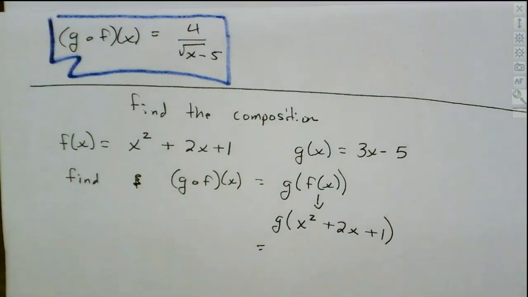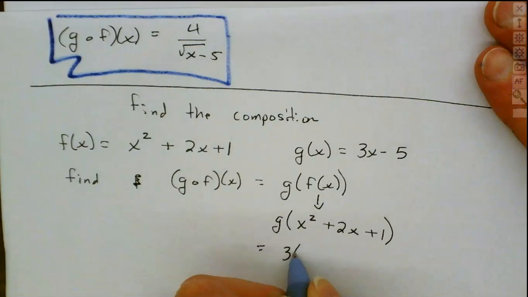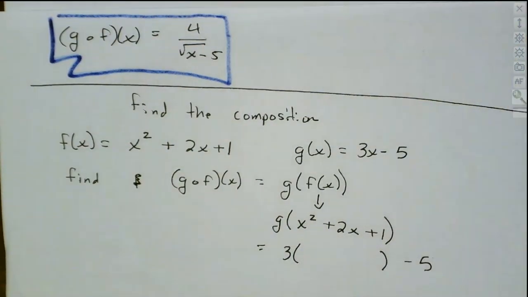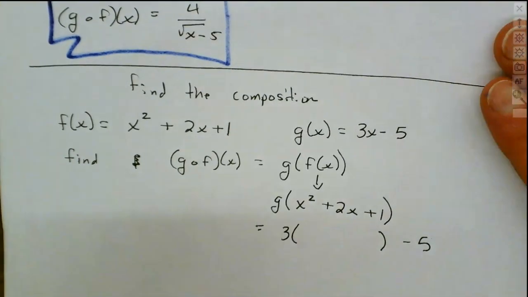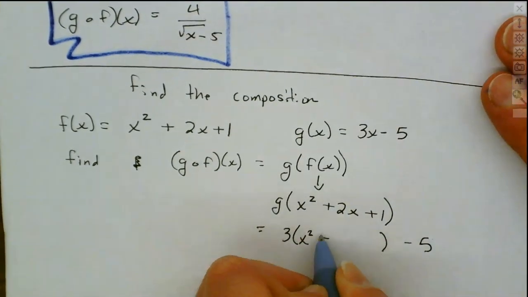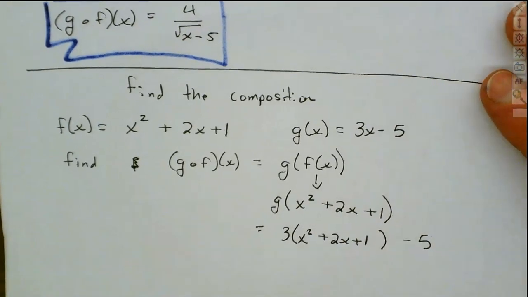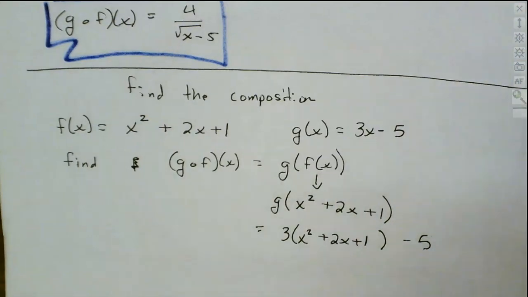So we now are on our g function. So I'm going to write up my g function. I'm going to put parentheses where the x is. And then what am I going to fill in? I'm going to fill that in with x squared plus 2x plus 1. All we need to now do is distribute through and clean it up.